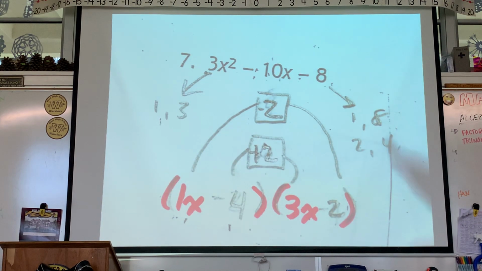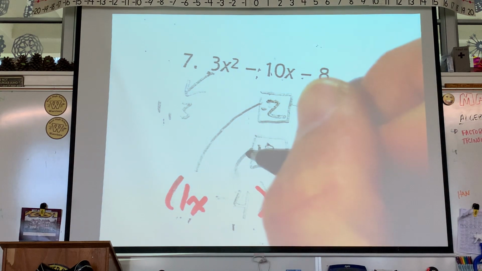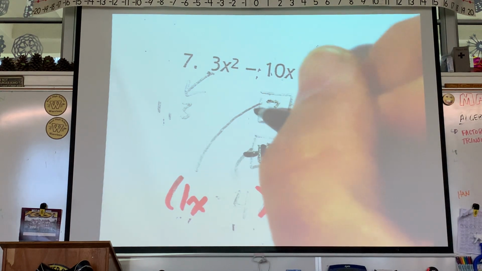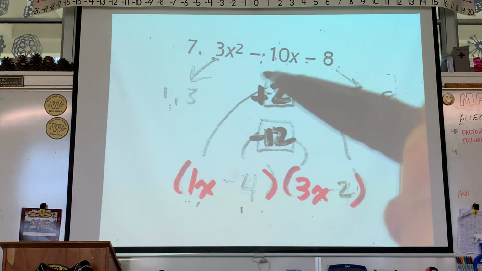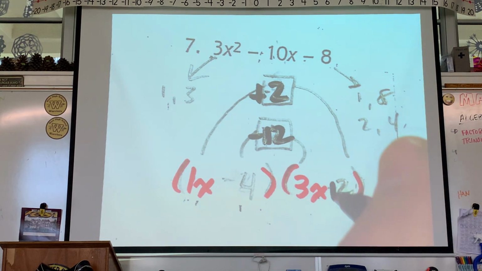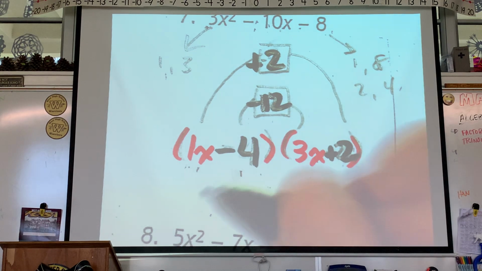Watch what happens here. I know that 12 minus 2 is 10, but I know that -12 plus 2 is -10. This sign's going to fall down here for the +2. This sign's going to fall down here for the -4. There's my answer.